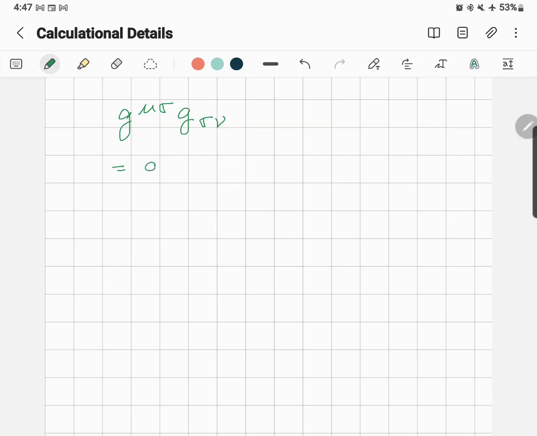So you have g mu 0, g 0 nu plus g mu 1, g 1 nu plus g mu 2, g 2 nu plus g mu 3, g 3 nu. So that's just the meaning of the repeated index. You have to sum the four components.